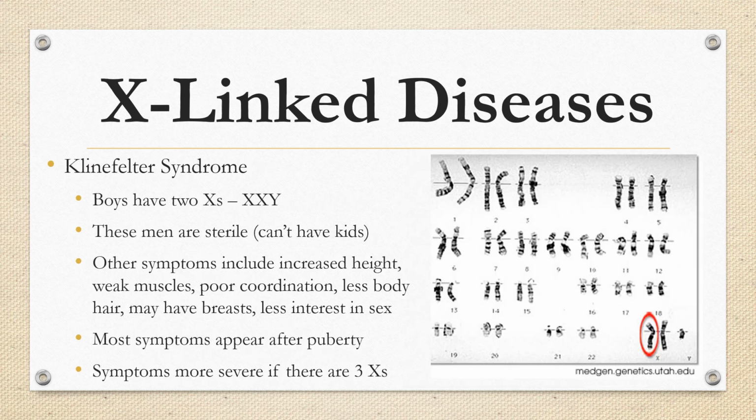When a male has too many X's, though, there are some hidden small symptoms or characteristics that can possibly tell you what's going on. These men are going to be sterile. They won't be able to have kids of their own. They will develop as men, though, because they have a Y chromosome.